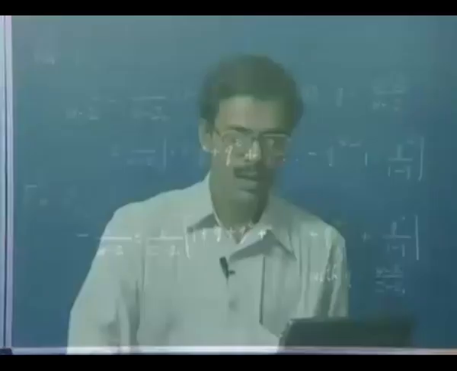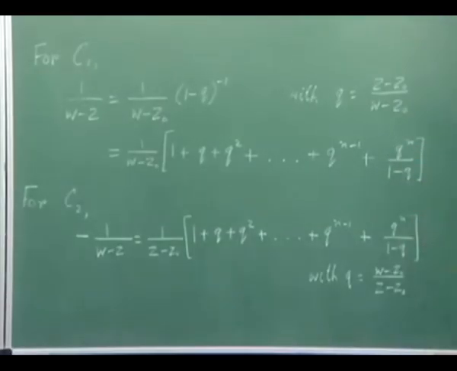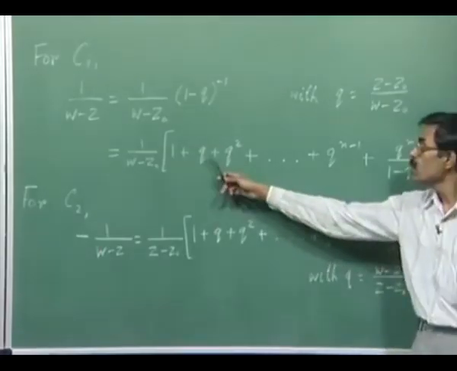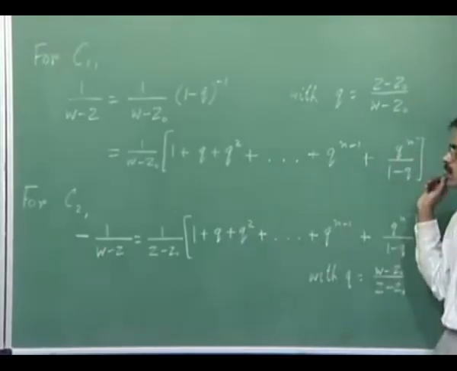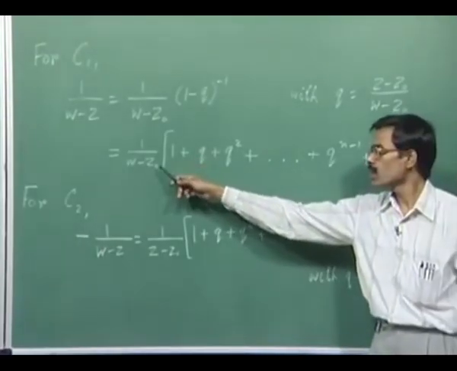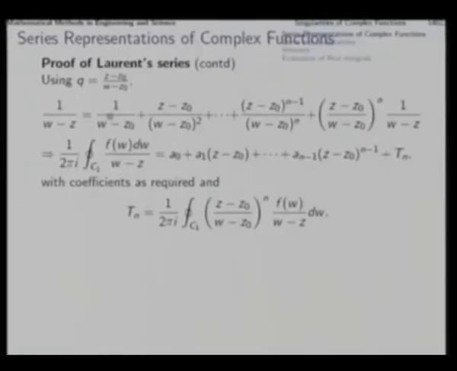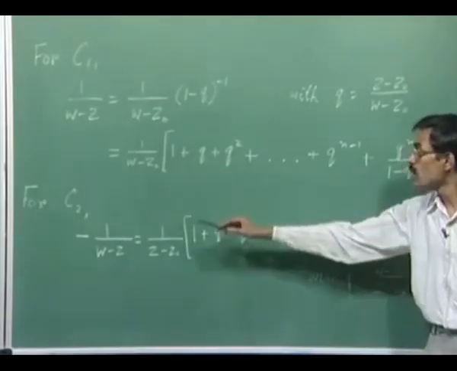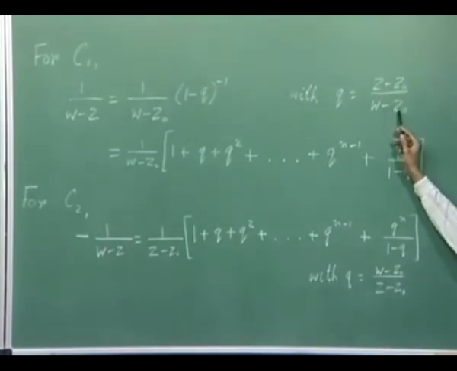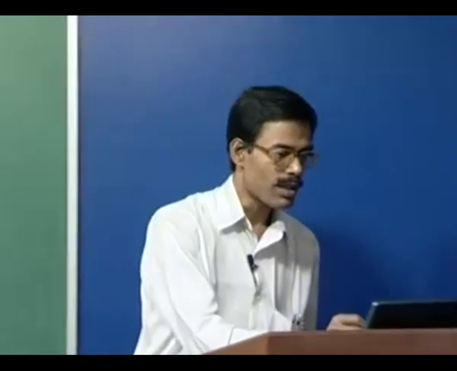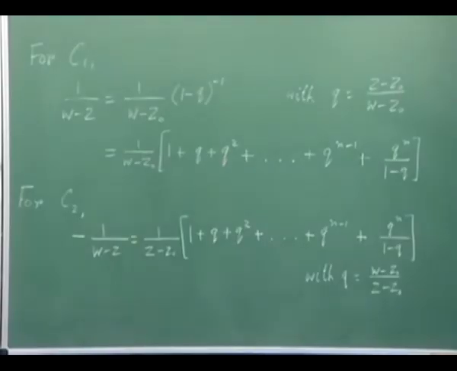So, as we do that, let us first handle the first one, this one. So, here as we put q as this and then list out term by term, the first will be 1 by w minus z0, that is here. Second one will be q by w minus z0, that means z minus z0 divided by w minus z0 whole square. So, that is this, and in the next one we will have q squared by w minus z0.